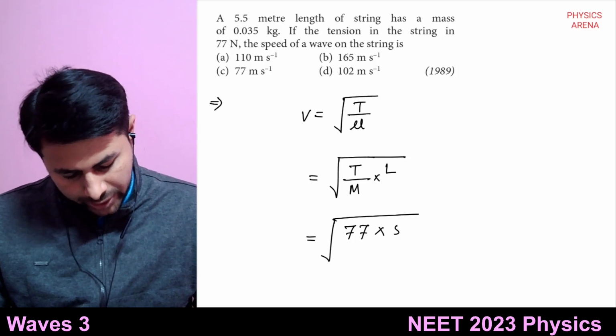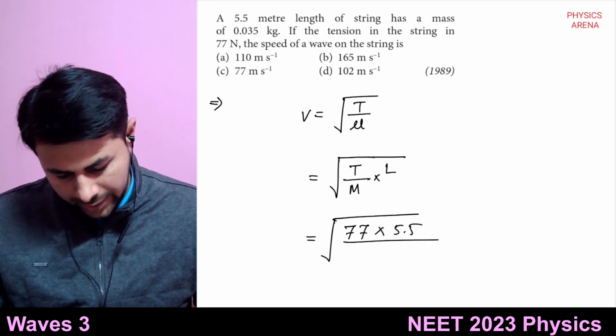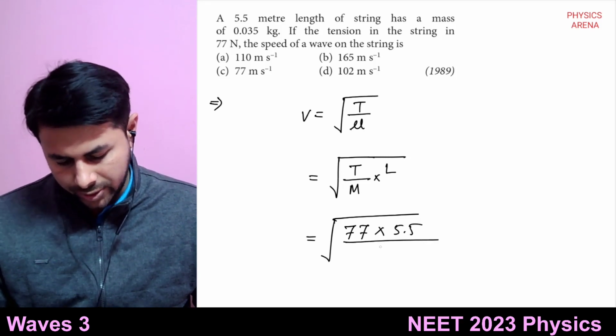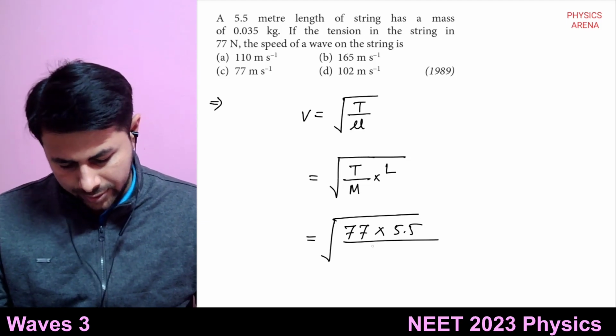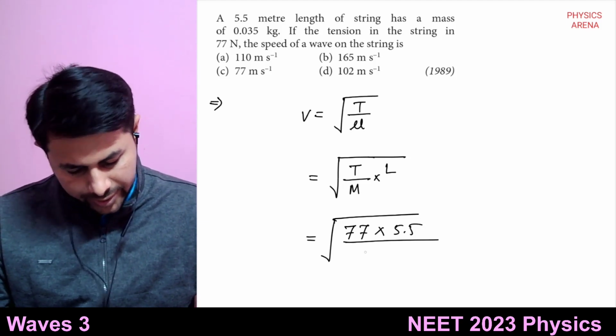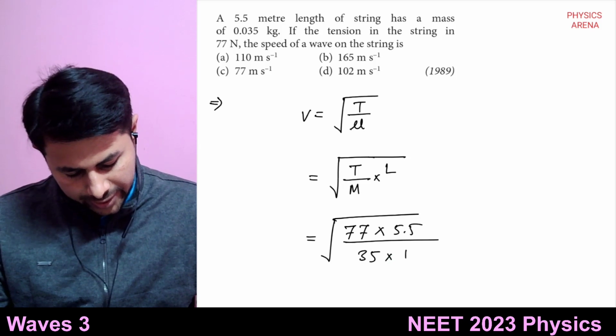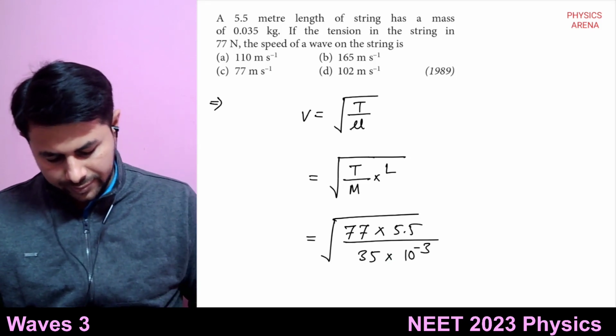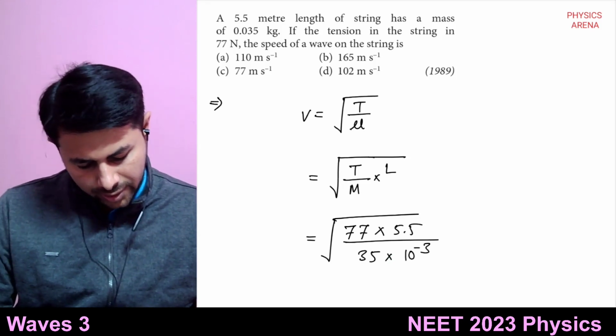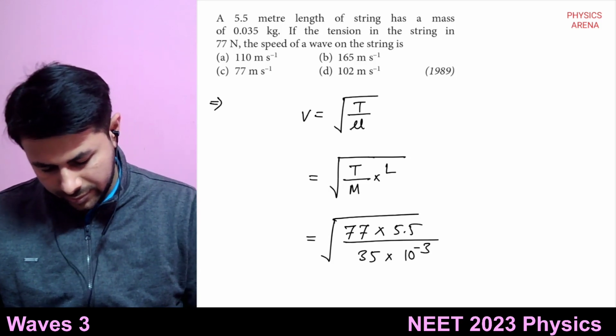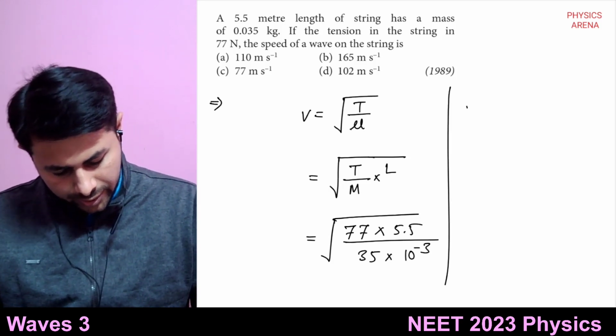Then L is 5.5, and in the denominator you have 0.035. Let's make it 35 multiplied by 10 raised to minus 3, right?